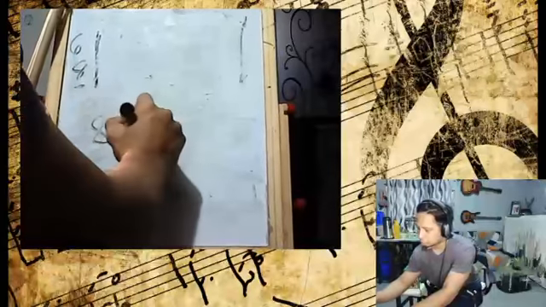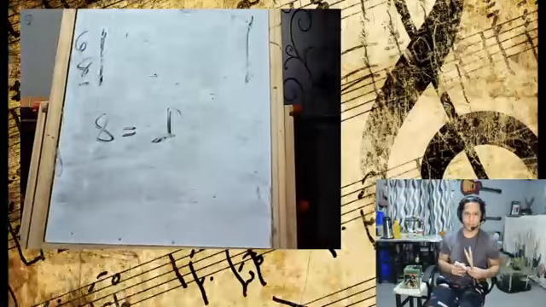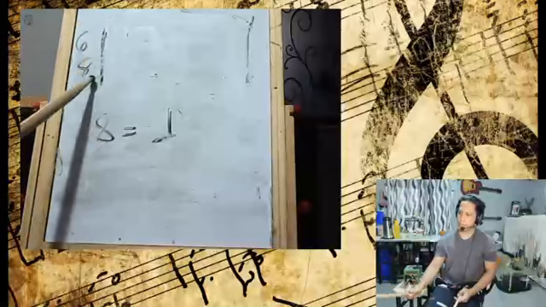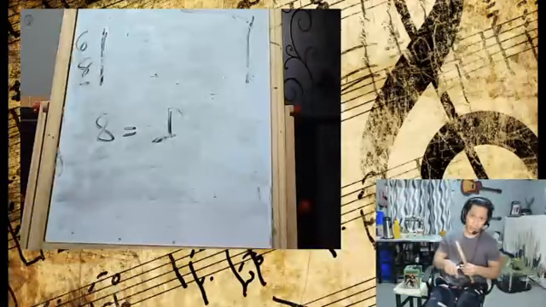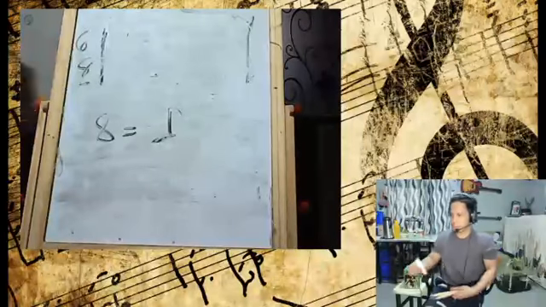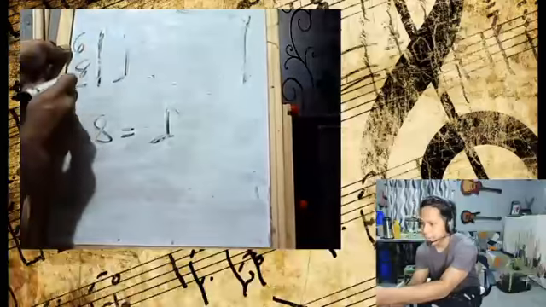So 8 represents 8th note. Okay? So meaning, it should be played as 1, 2, 3, 4, 5, 6. Alam nyo naman na mabilis or compared to quarter note, 8th note is played faster. So we have 6 8th notes here because there are 6 counts and each count is received by 8th note.